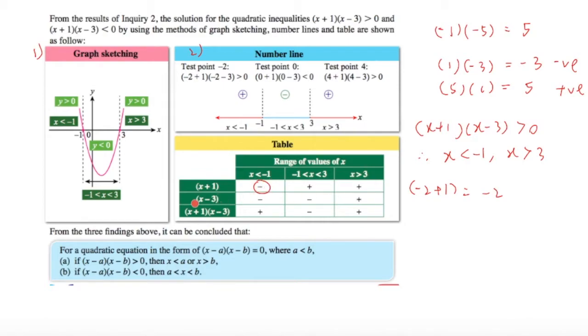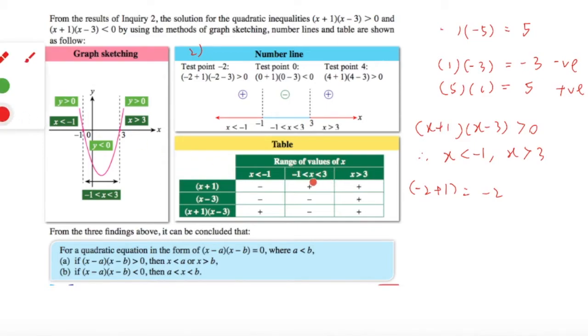Negative 2 minus 3, then you get negative 5, so negative. Okay, so this is substitute. Actually, this method is the same as this method, just it never uses a proper number to multiply, it just uses the sign only. Use the sign.